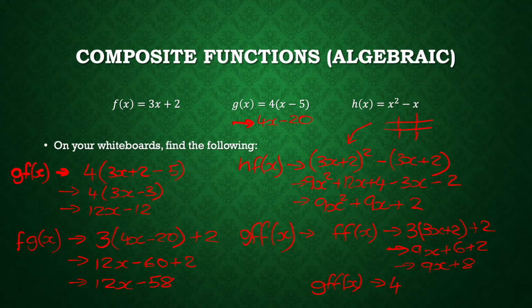Again, I'm not going to write x. Instead, I'm going to write my new function, which in this case is ff of x, which is 9x plus 8. Then I've got my minus 20. Again, I expand and I simplify, so I'll end up with 36x. 4 and 8 will give me 32. Subtract my 20, we'll do it all in one go, plus 12.